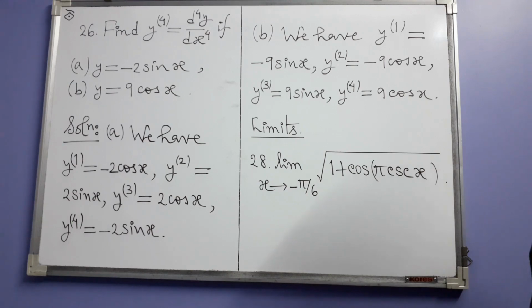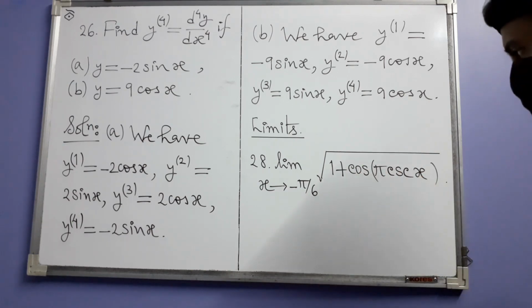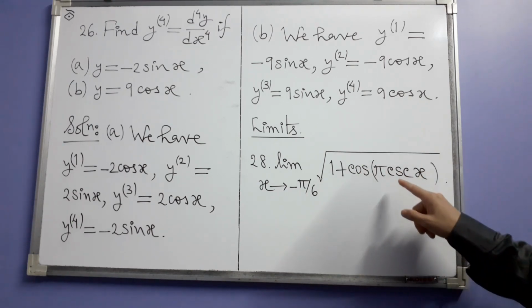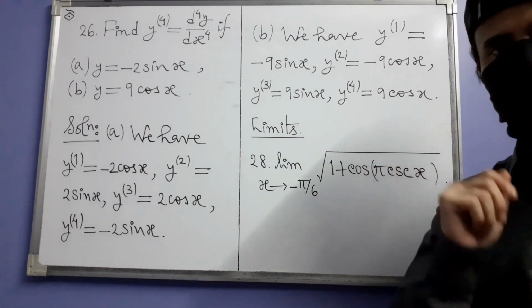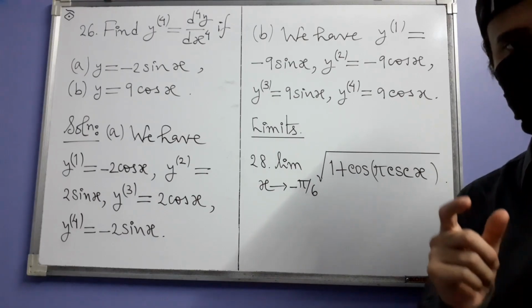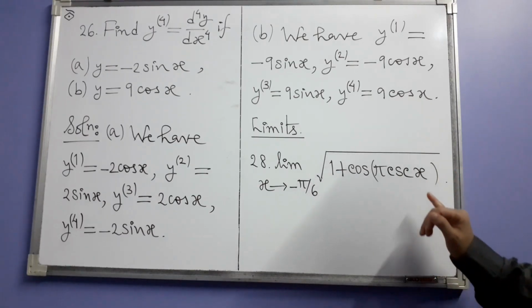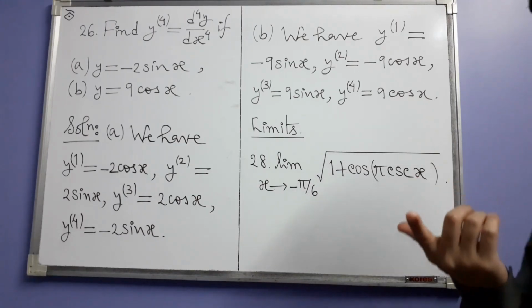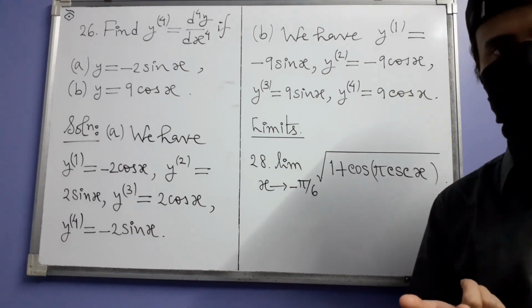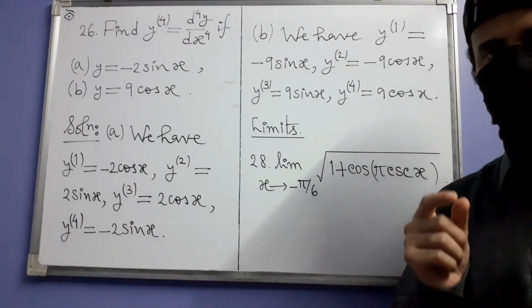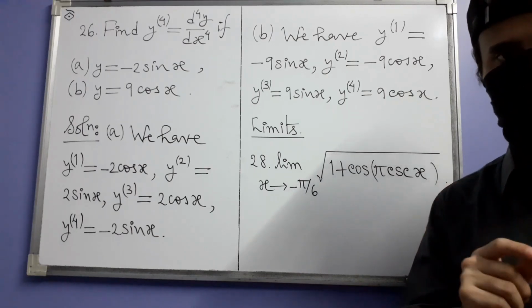How is this a continuous function? Well, we already know the cosecant function. What is the cosecant function? Cosecant x is 1 divided by sin x. And because sin x is continuous, the reciprocal of sin x is also continuous at those points where sin x does not vanish.